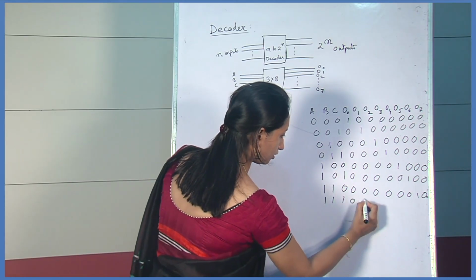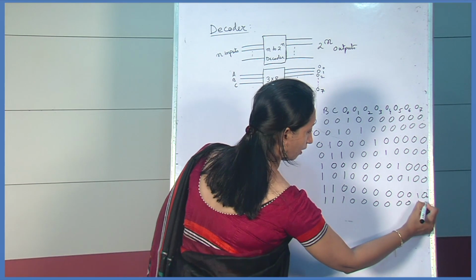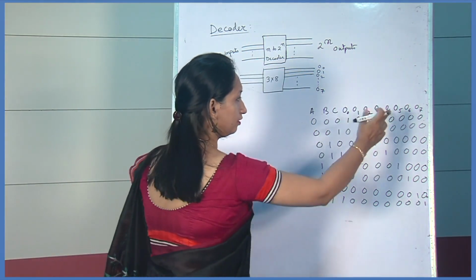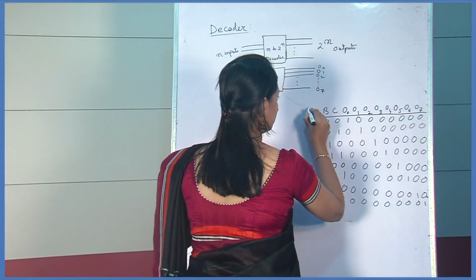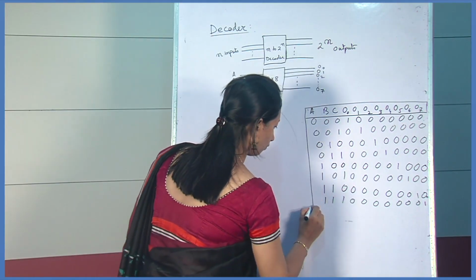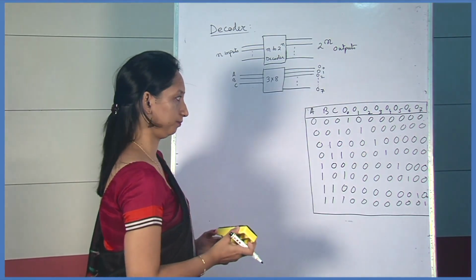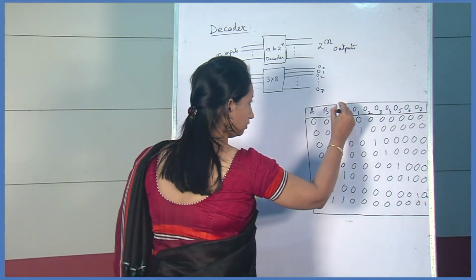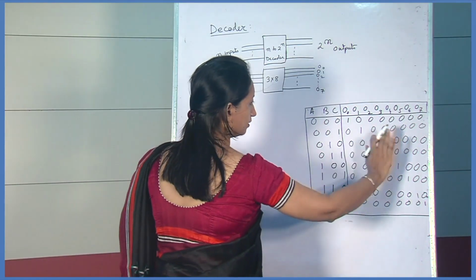And for the last combination, when all the inputs are high, the output O7 is high. So this is the truth table for the 3 into 8 decoder. These are the inputs and these are the outputs.